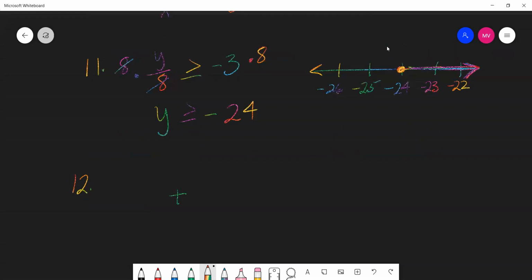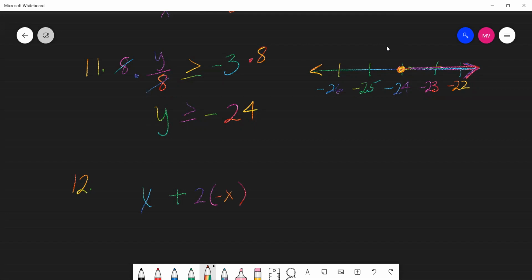Sum of the number, what variable do you want to use? Okay, so we're adding x to twice, which twice means what? Right, that means we're multiplying something by 2. Twice its opposite. So what is the opposite of x? Negative x.